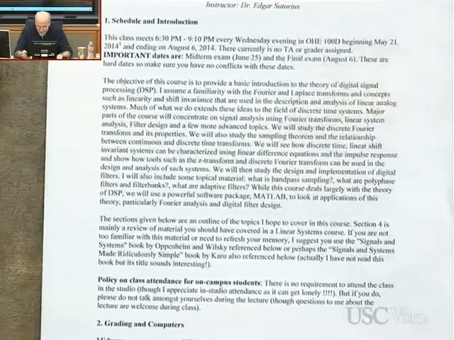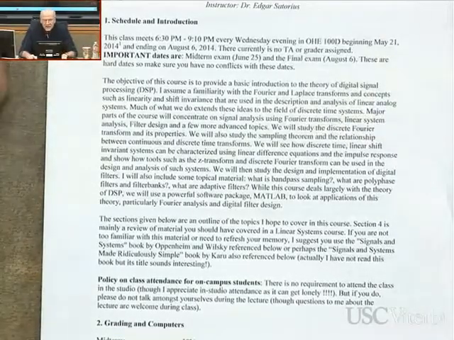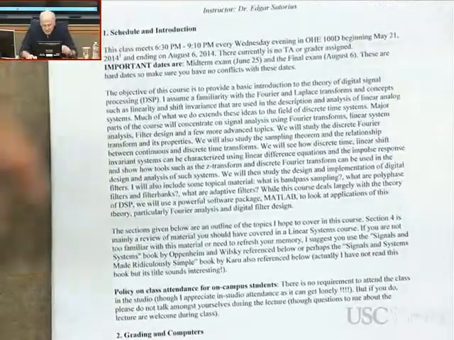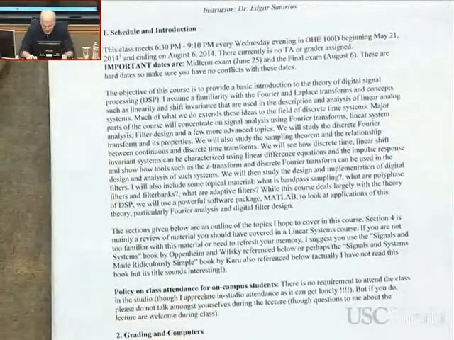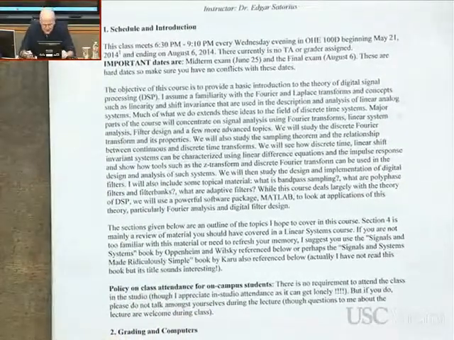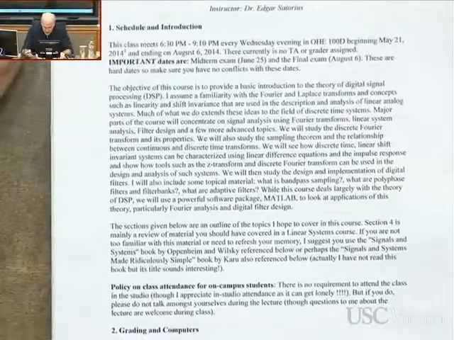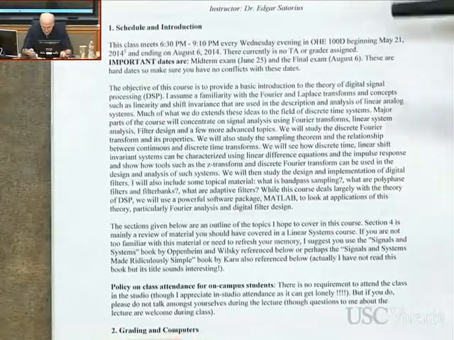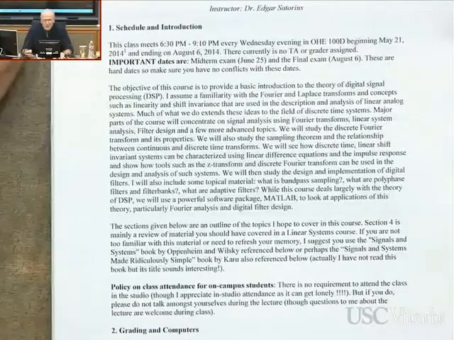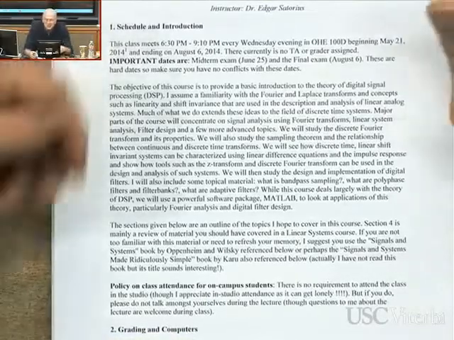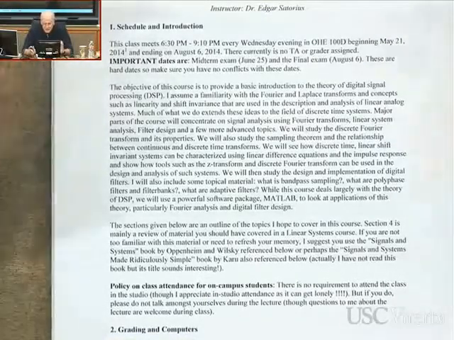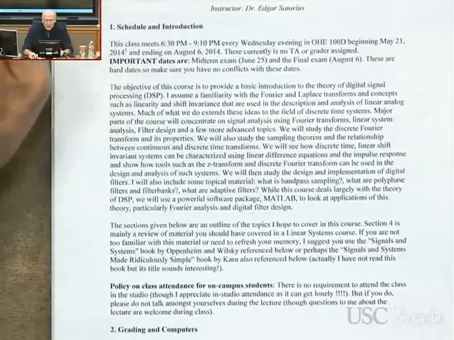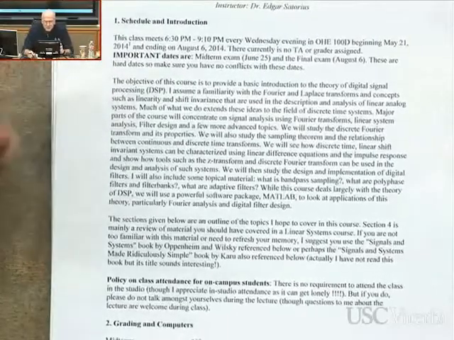You will see that the structure of IIR filters can be conveniently expressed in block diagram form, so we will talk about block diagrams and some of the implementation issues. We will also study the discrete Fourier transform, or what I call the discrete time Fourier transform, and its properties, to get you familiar with the terminology. There are two types of Fourier transform, digital or discrete, that we'll talk about.